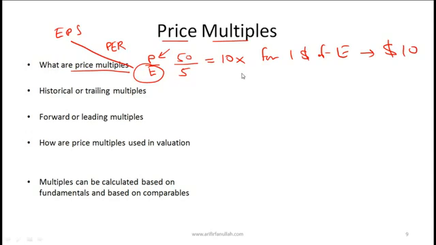So the PE ratio represents how much a share is worth per dollar of earnings. So in our example, that means that for $5 of earnings, the market is willing to pay $50. So that is a quick interpretation of the most commonly used price multiple, which is the PE ratio.